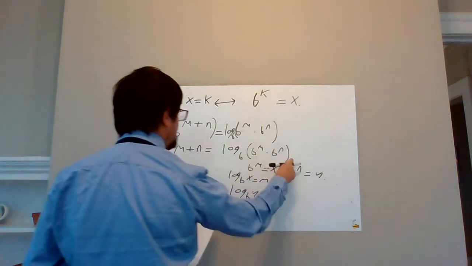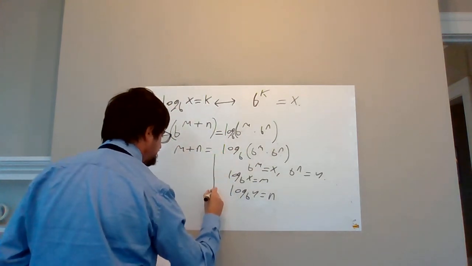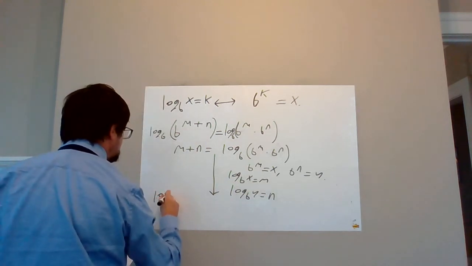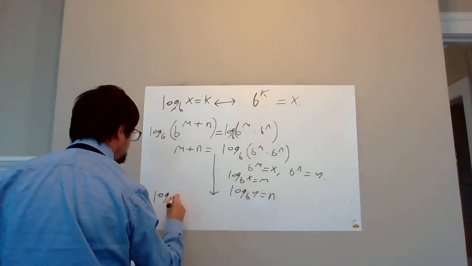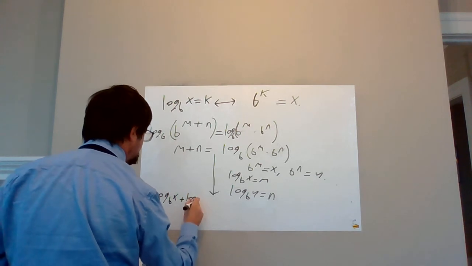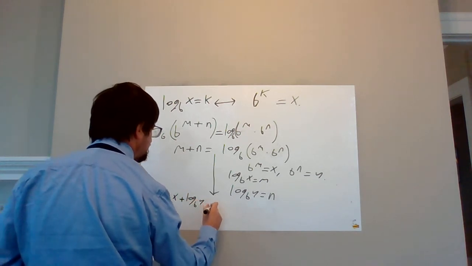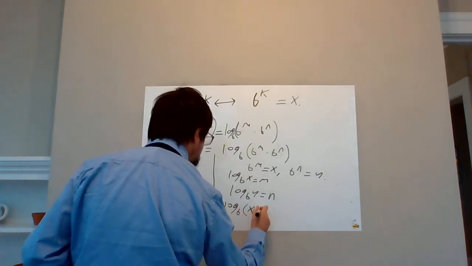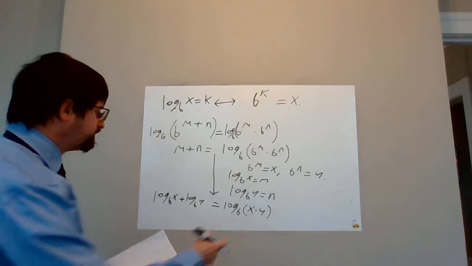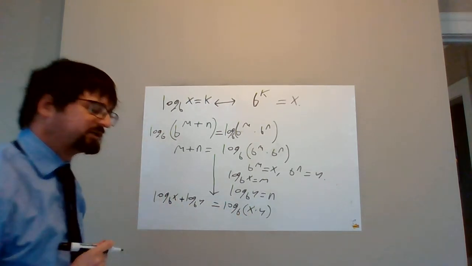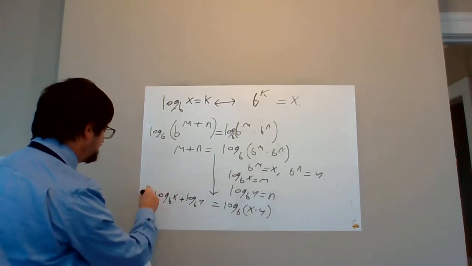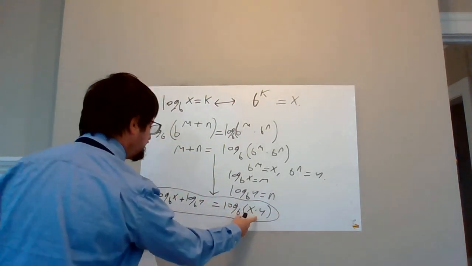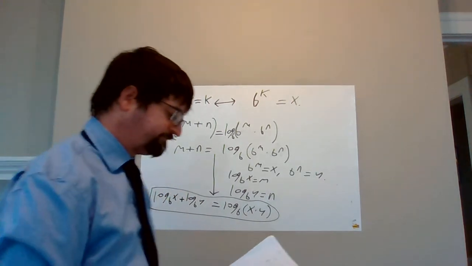So on this side, we get log base b of x plus log base b of y. And that equals log base b of x times y. So the log of a product is the sum of the logs. That's how we say that. All right, and that's one of our log rules. It's an important one.